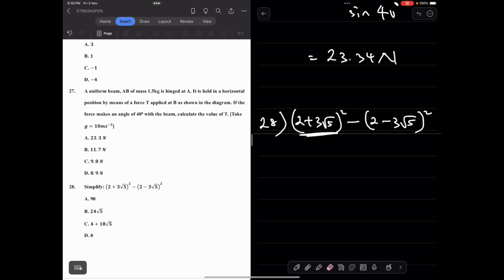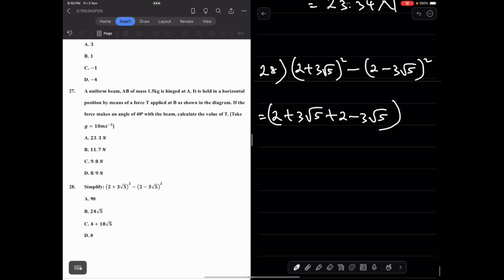So that's equal to (2 plus 3 root 5 plus 2 minus 3 root 5) times (2 plus 3 root 5 minus, you have to put this in brackets, 2 minus 3 root 5). What I'm simply doing is A plus B times A minus B.